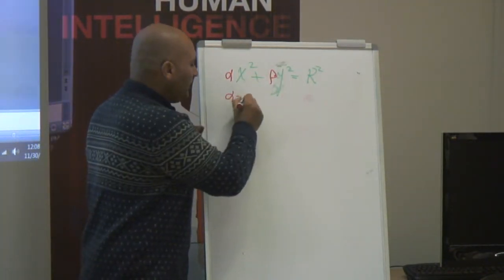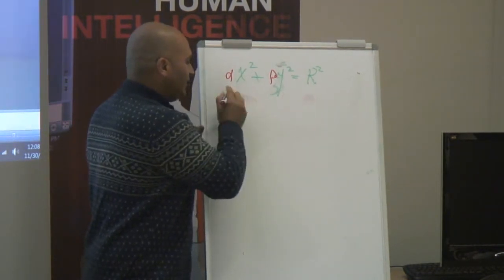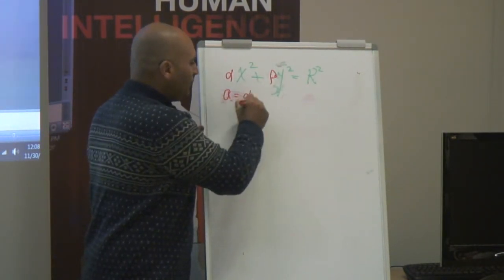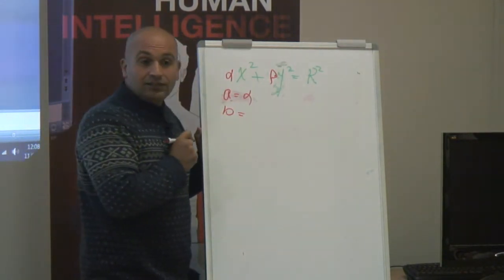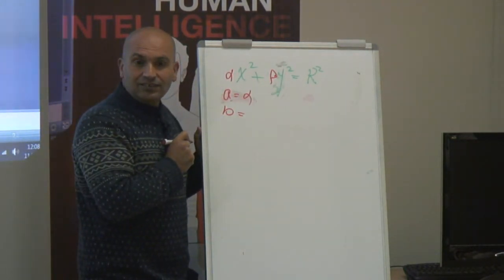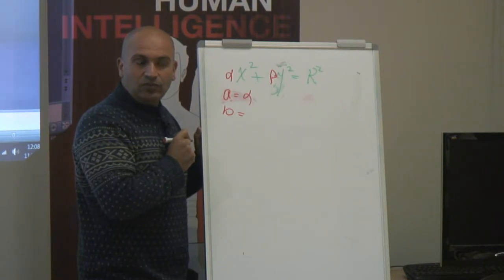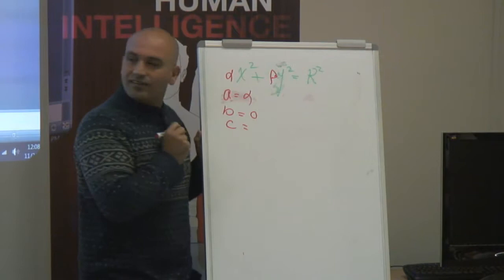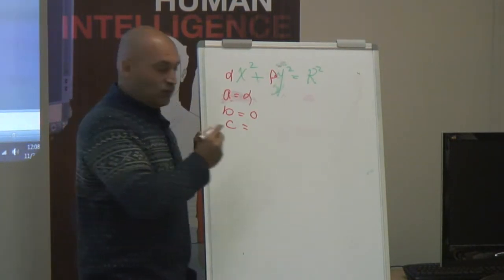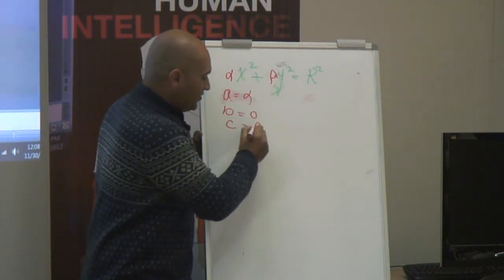In this case, A will be alpha. B, what will the value of B be? 0. C will be 1, or beta in this case, sorry.